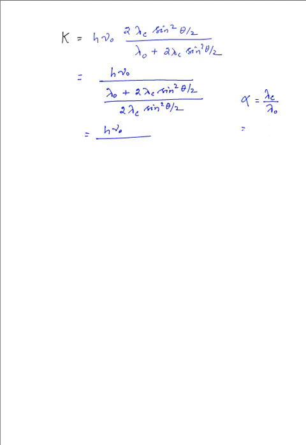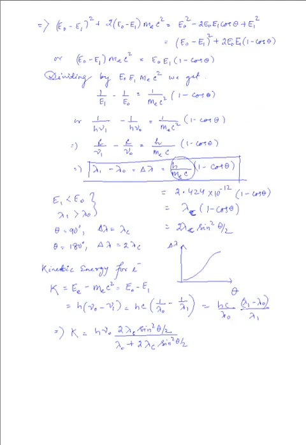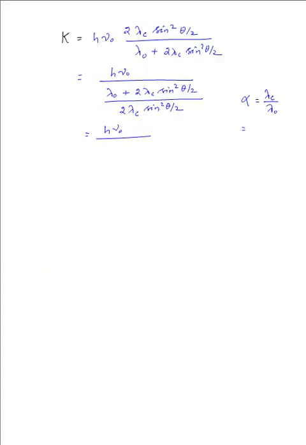Now if you remember, lambda c was h over m e c, and lambda naught is simply going to be equal to h over p naught.